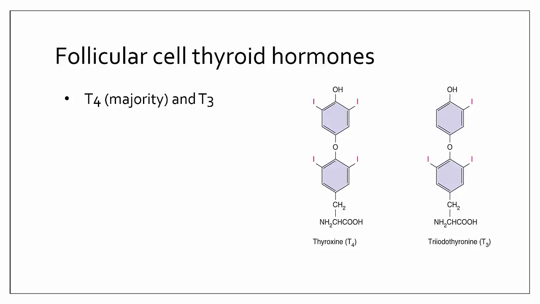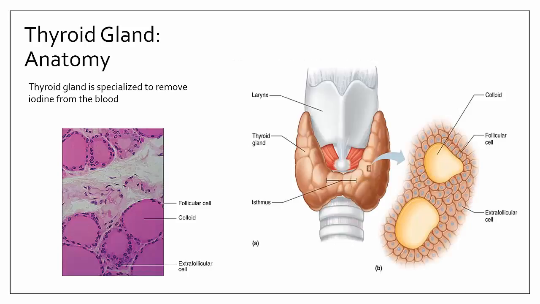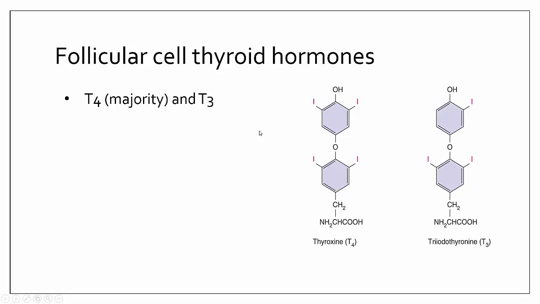So the follicular cell hormones are the ones that are right around the outside like this, okay? The follicular cell thyroid hormones are T4 and T3. They are metabolic regulators, okay?